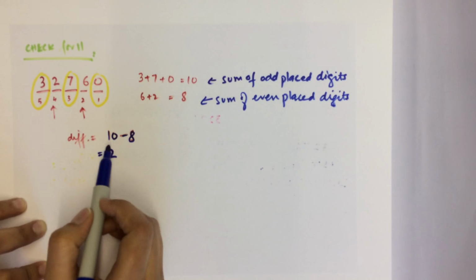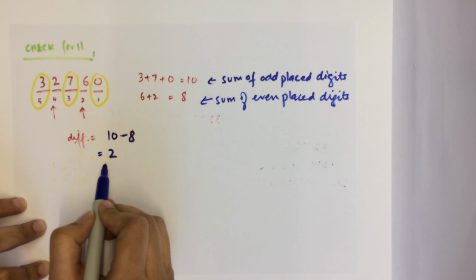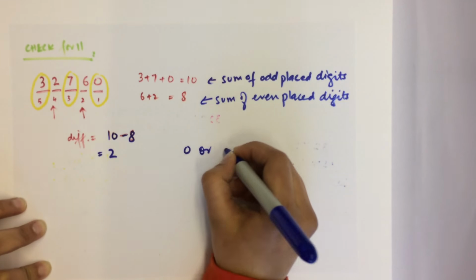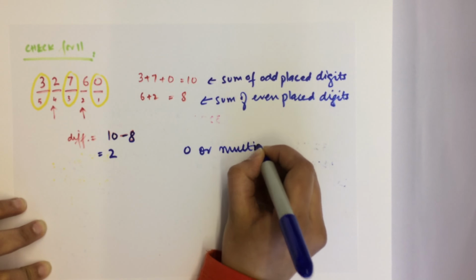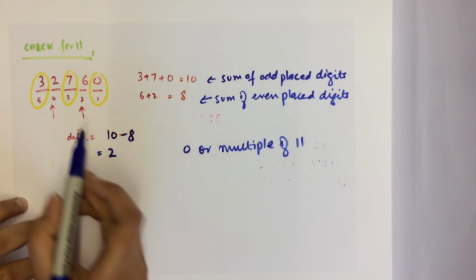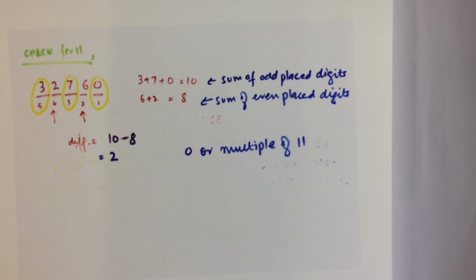The difference of both these sums should be 0 or a multiple of 11. Now this is a 2, hence 32,760 is not divisible by 11.